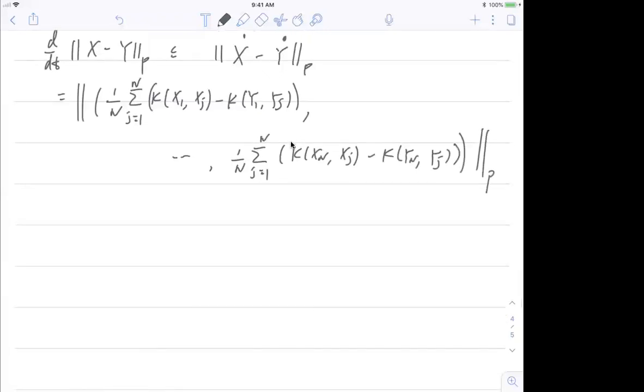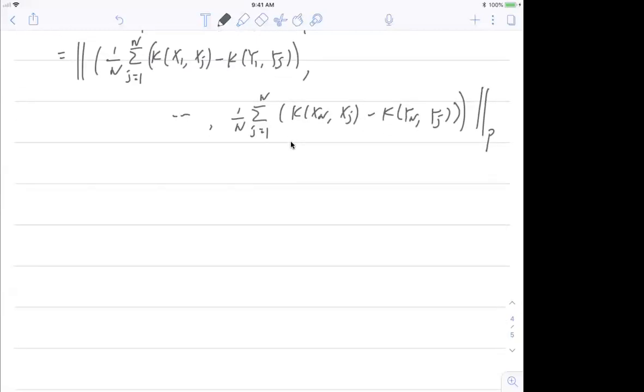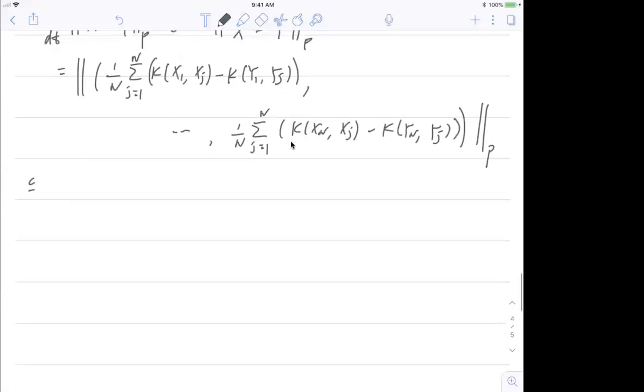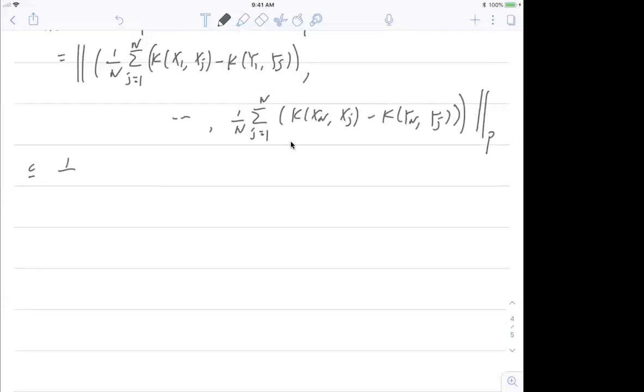Okay, so it's just a trivial computation, and we are using the triangle inequality. We can put this sum outside, and we can use the Lipschitz property as well. I will be a little bit quick, but you can check that by yourself. I put the Lipschitz constant as the gradient of K, both in the first variable and the second.